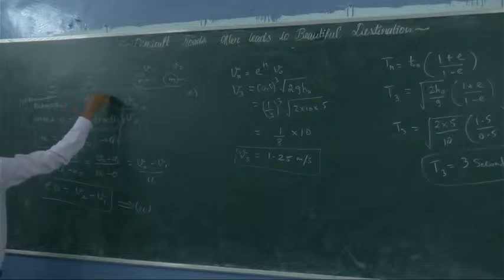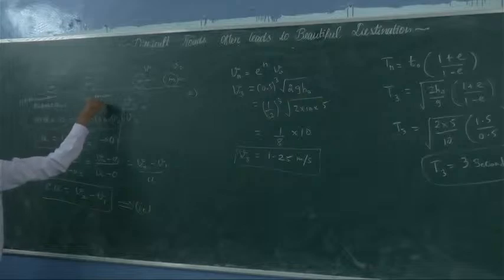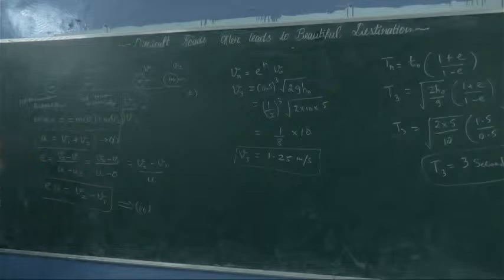In the second part I used the coefficient of restitution definition to frame the second equation. Now, solving these two equations: by adding them we get one equation, and by subtracting them we get another equation.